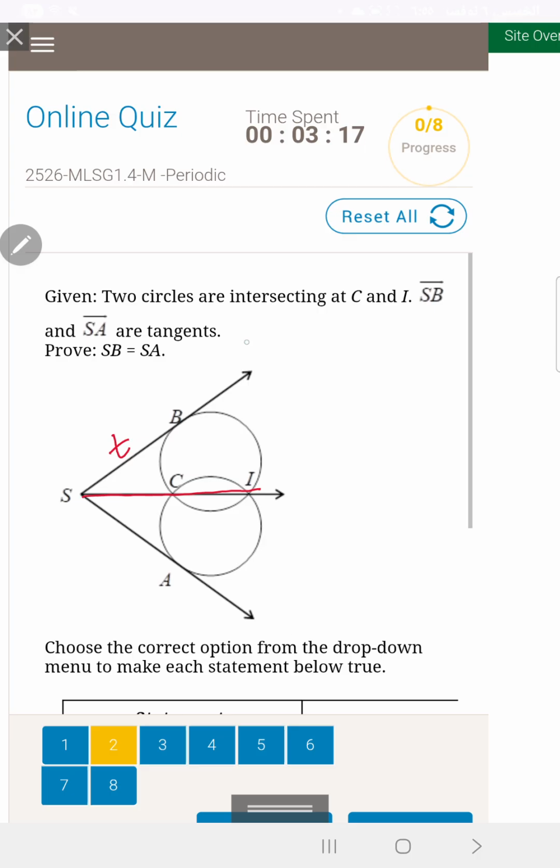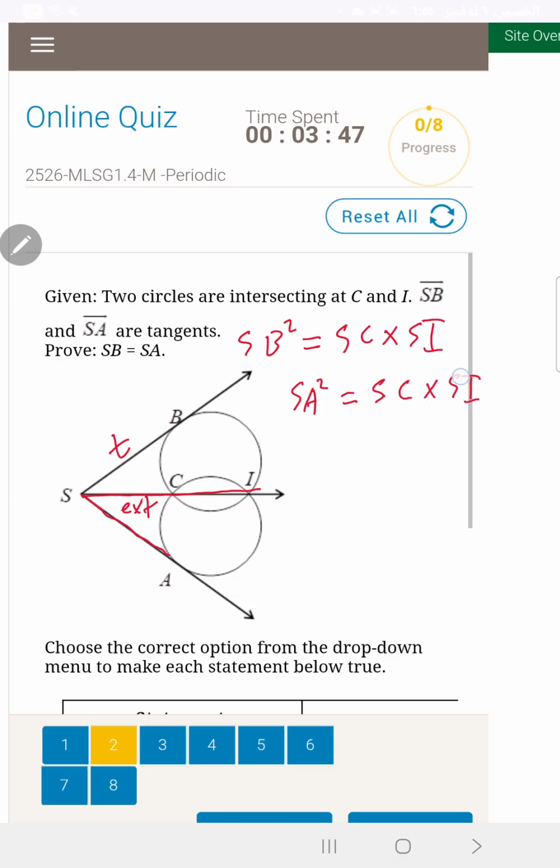So as we said before, SB squared, tangent squared, is equal to the external part of the secant, SC, multiplied by the whole secant, SI. And you can do it also from the other side here. SA squared is equal to SC, that's external part, times the whole secant, which is SI.